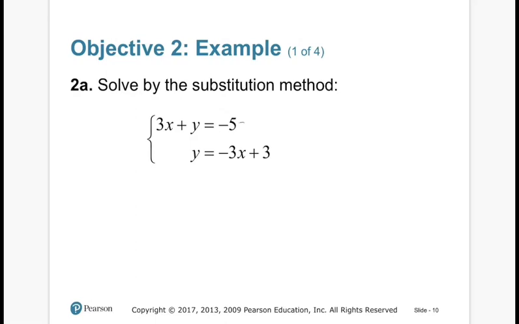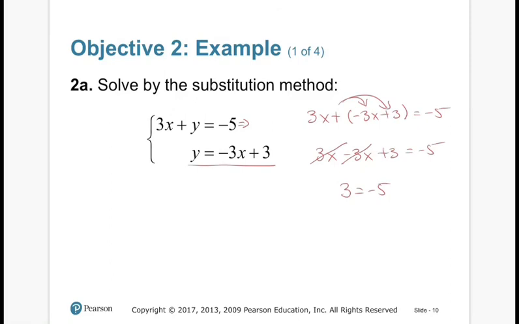They were nice with us in this problem. We already know the value of y, so I have 3x plus y is equal to negative 5. Well, we already knew that, so let's erase that. So we have 3x plus y, but I already know that y is negative 3x plus 3, is equal to negative 5. I'm going to distribute that positive. So I have 3x minus 3x plus 3 is equal to negative 5. The 3x cancel out, so I have 3 equals negative 5.